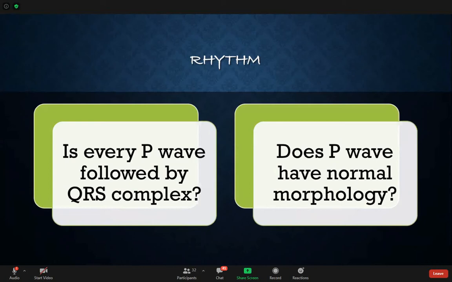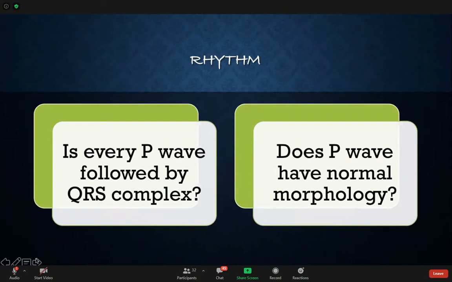If it's irregular, how do you calculate? Abdurrahman said count all the QRS, you mean... I'll explain it.